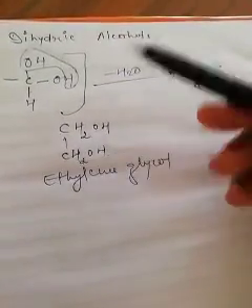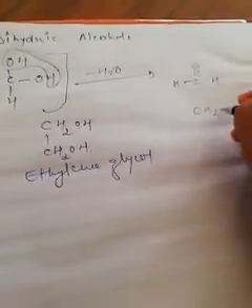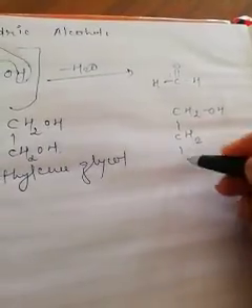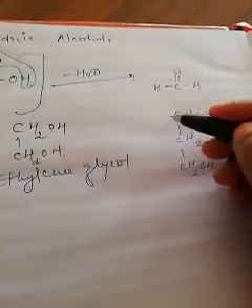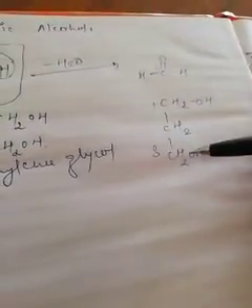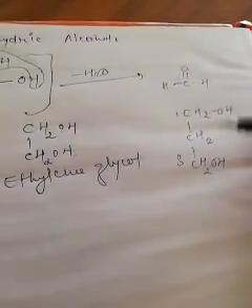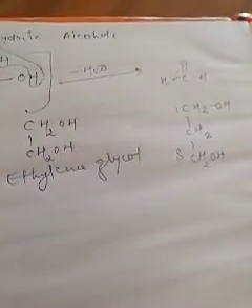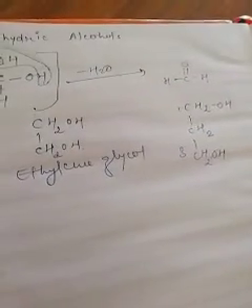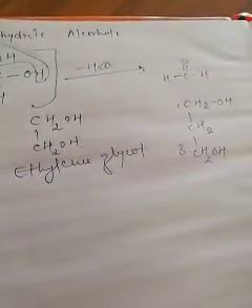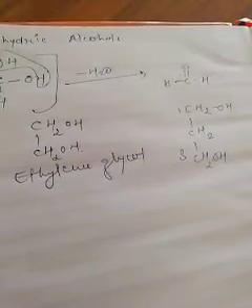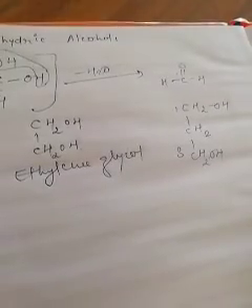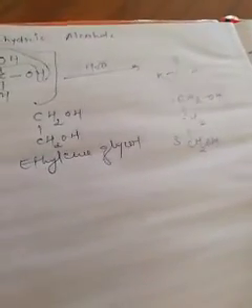When OH groups are present on the 1 and 3 positions, we call it a beta glycol, and so on. So a 1,2 dihydric alcohol is an alpha glycol, a 1,3 dihydric alcohol is a beta glycol, and 1,4 becomes a gamma glycol, and so on.